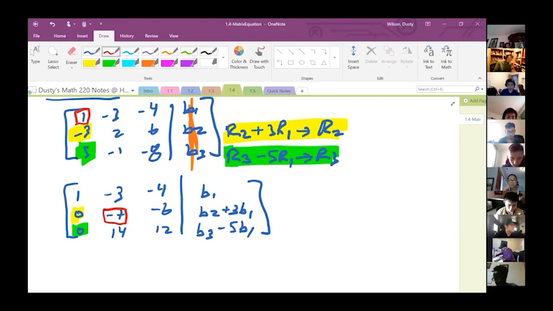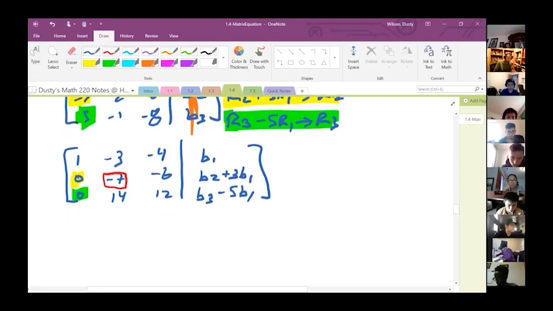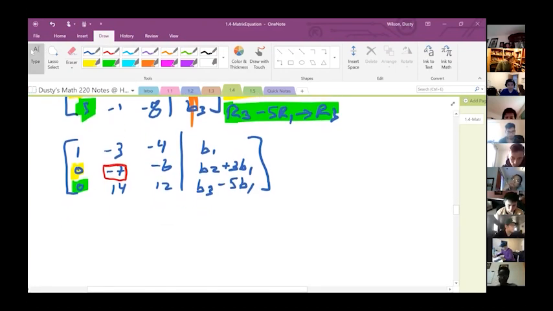I can just save myself a little bit of writing. So if we want to get rid of this 14, we can take row 3 and add 2 times row 2, and make that our new row 3.